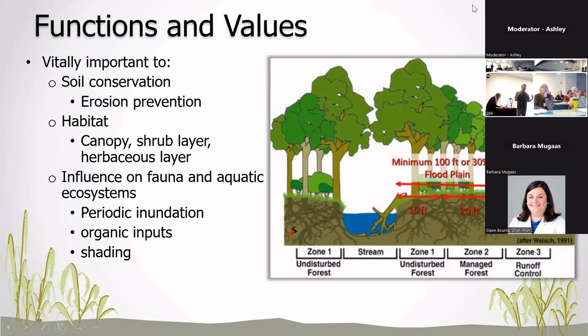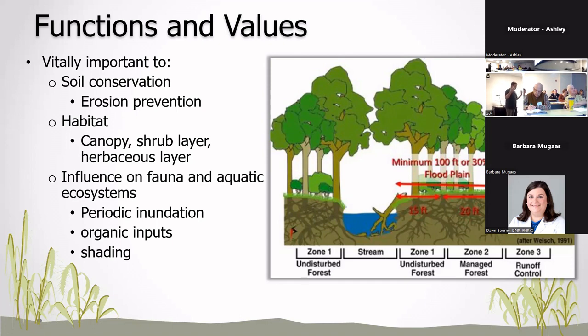A healthy riparian buffer is just like any other kind of ecology. There is a structure to it. You have canopy trees, those are the big trees, and a shrub layer, and then a subcanopy layer, and an herbaceous layer. Just like any kind of forest, all those components should be there, and they're critical to the function of the riparian buffer.